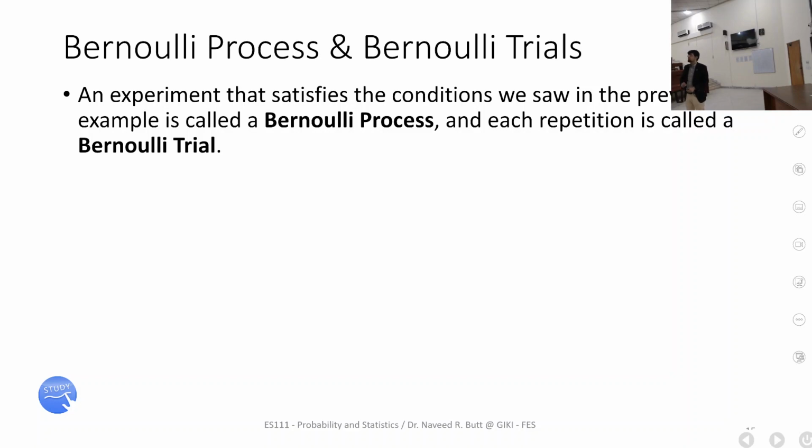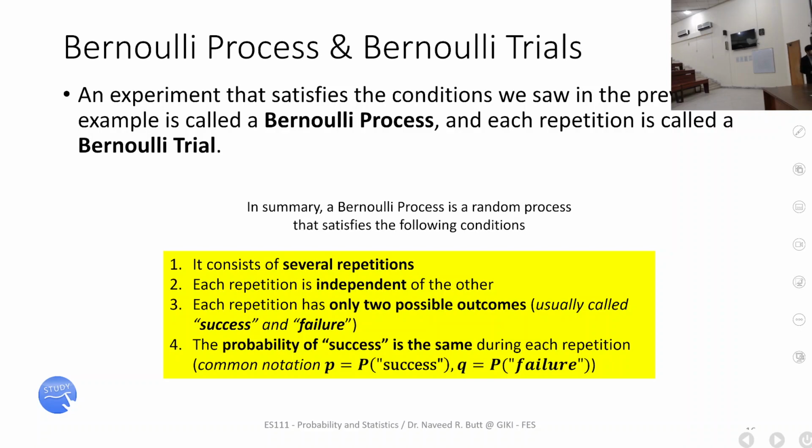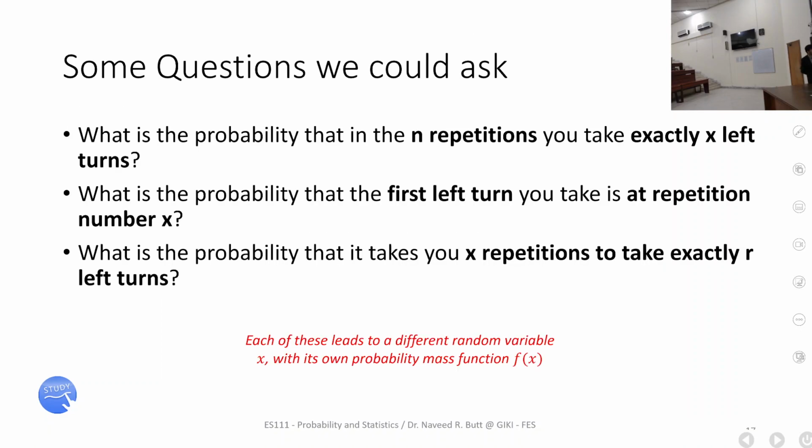First one you try, success or failure, works, not works. You take a second one, works, not works. So if they satisfy all these conditions, we will call that a Bernoulli process, and each attempt is a Bernoulli trial.